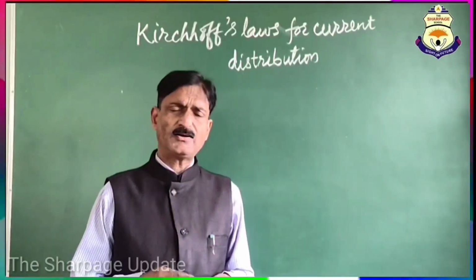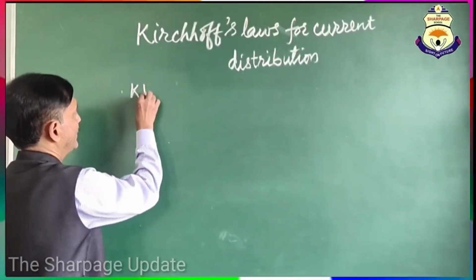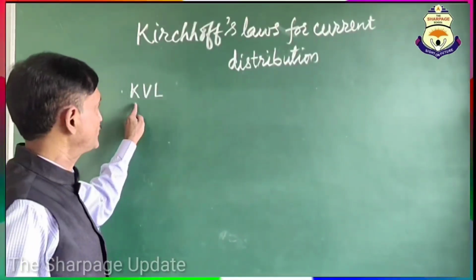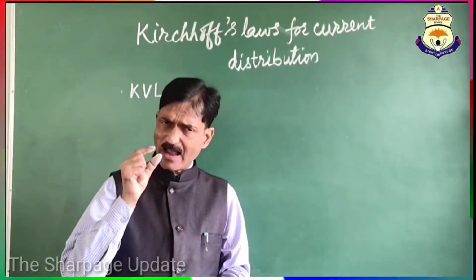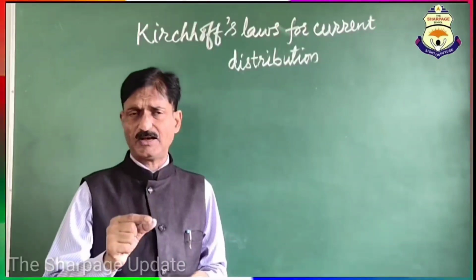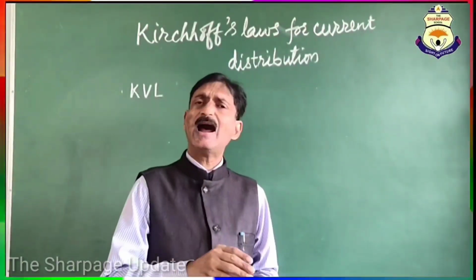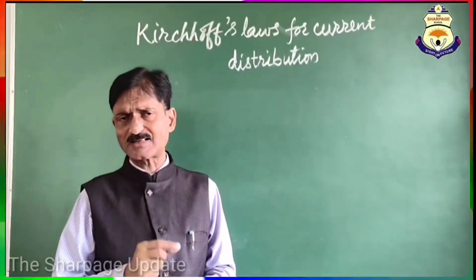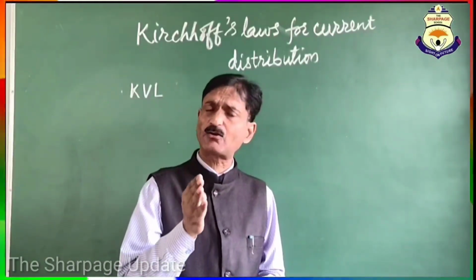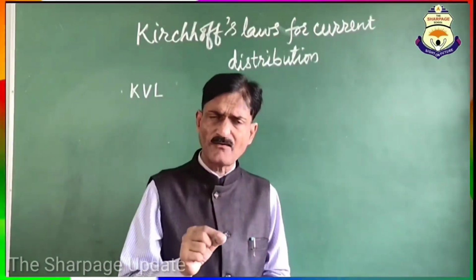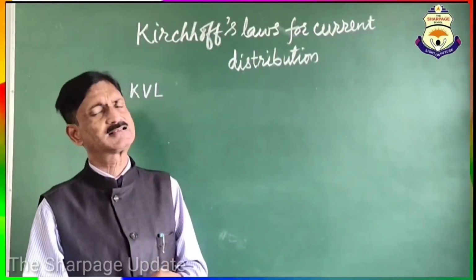Now, Kirchhoff's second law is also known as Kirchhoff's voltage law, KVL. According to this law, the algebraic sum of the products of electric current and the corresponding resistance in different parts, and the different electromotive forces, is always equal to 0 in any closed electrical circuit.